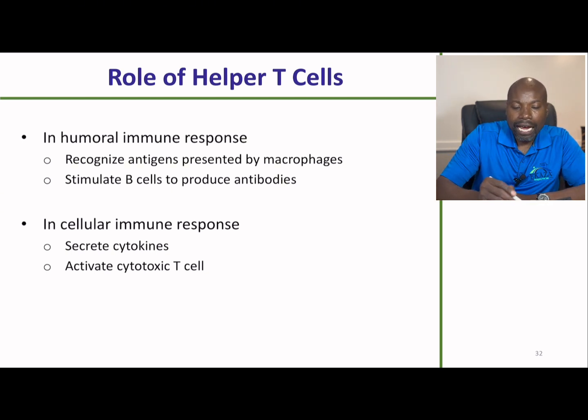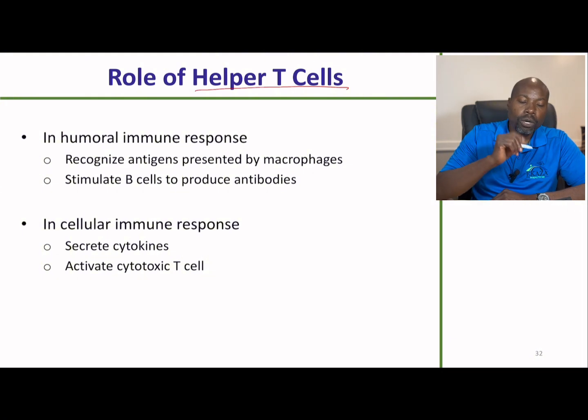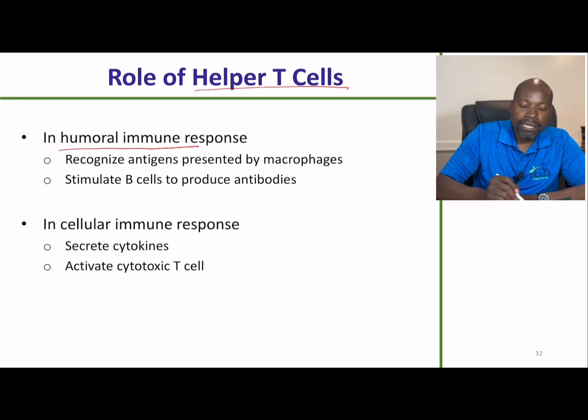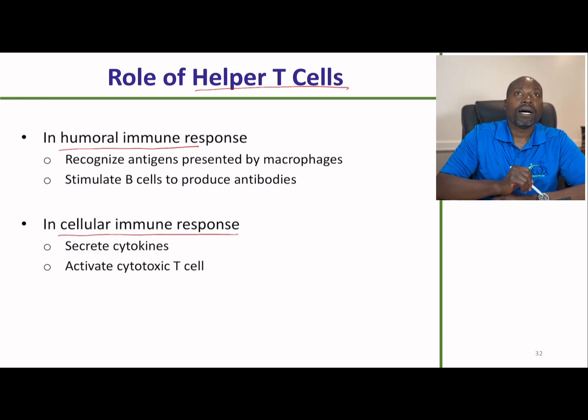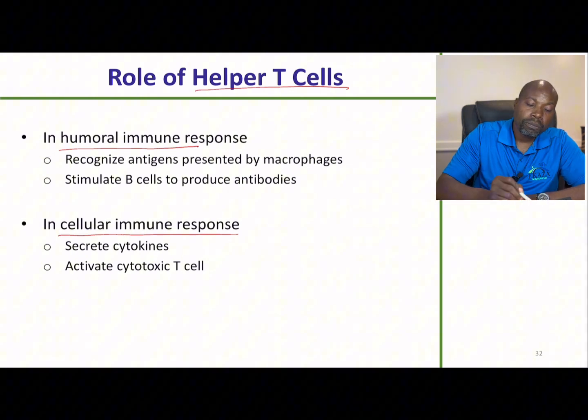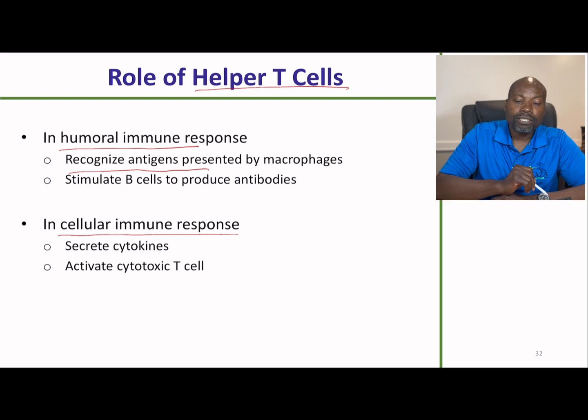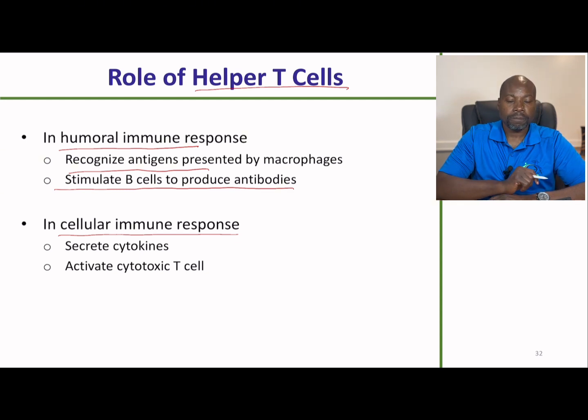So the role of helper T cell is going to be essential in humoral immune response as much as it is essential in cell-mediated response. In humoral immune response, or antibody-mediated immune response, the helper T cell's job is going to be to recognize antigens presented by macrophages and to stimulate B cells to produce antibodies.